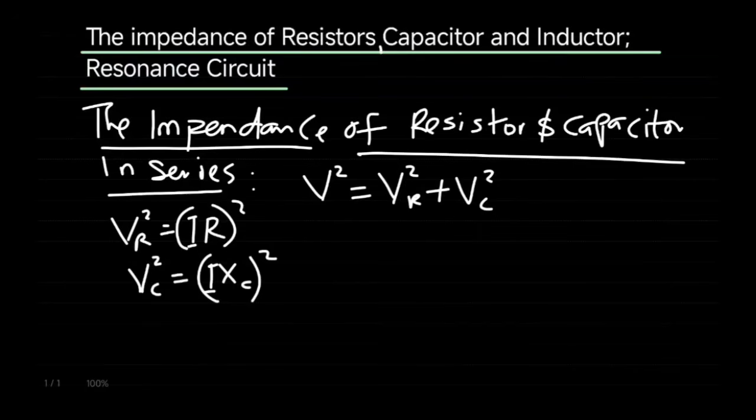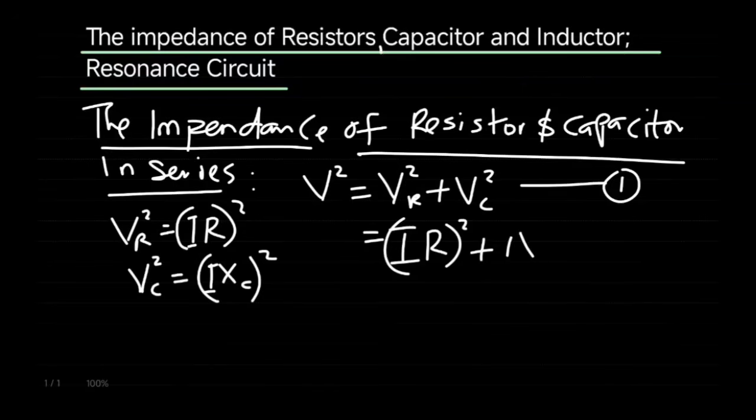So therefore, let's substitute it into equation 1. We'll be having IR all square plus I XC, remember, XC is the capacitive reactance, all square.